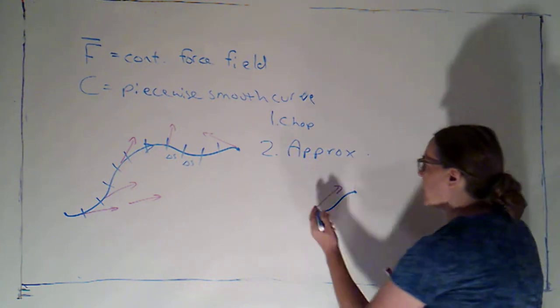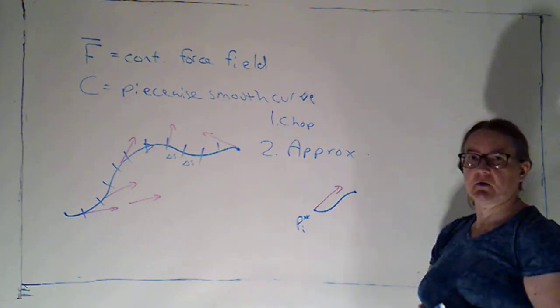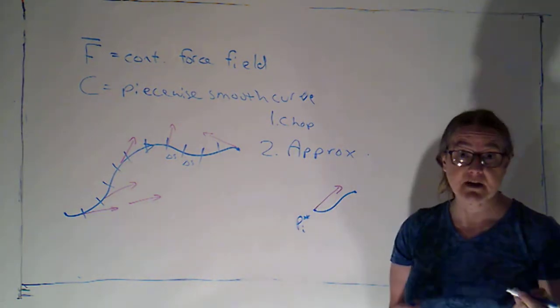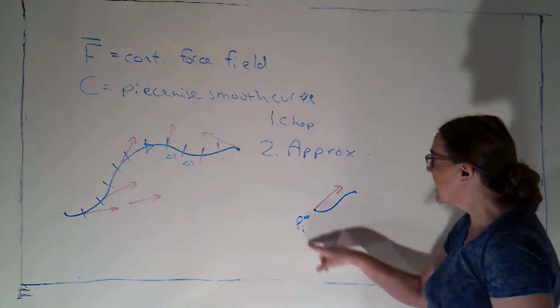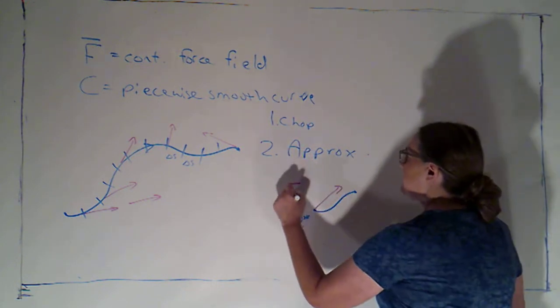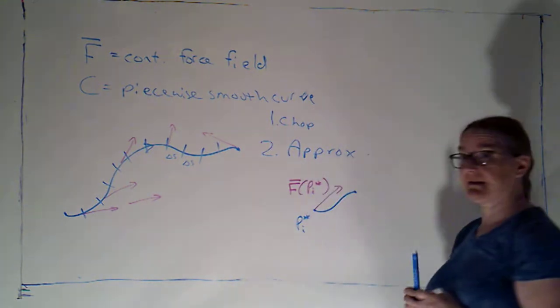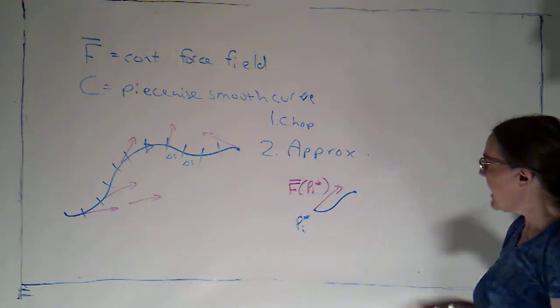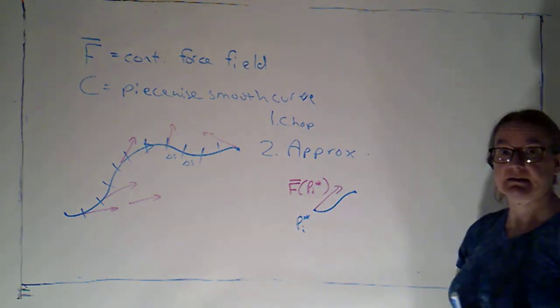I'm just going to call this point pi star. It could be in 2 space or in 3 space, depending on whether our vector field and our curve are in 2 space or 3 space. But I'm choosing a representative point. This then would be the force evaluated at that representative point. And then this is a curve whose length is delta S.